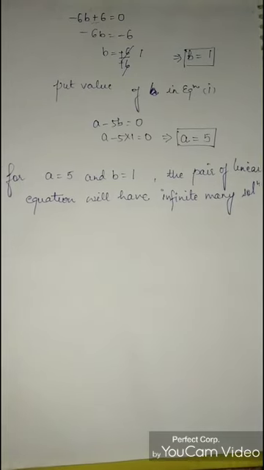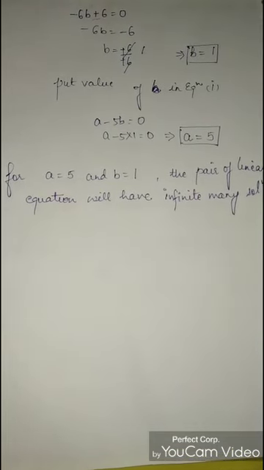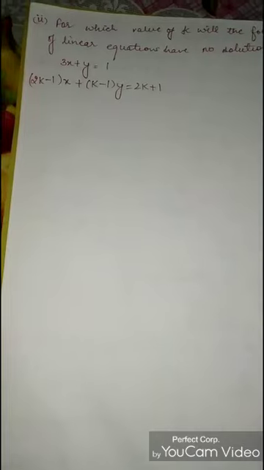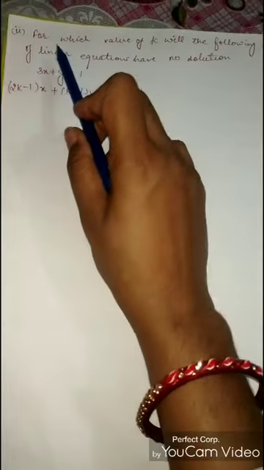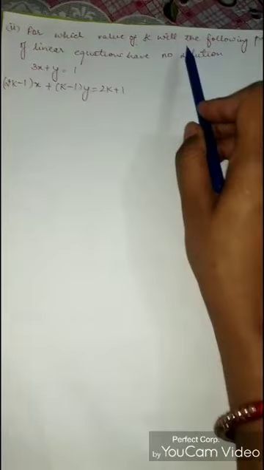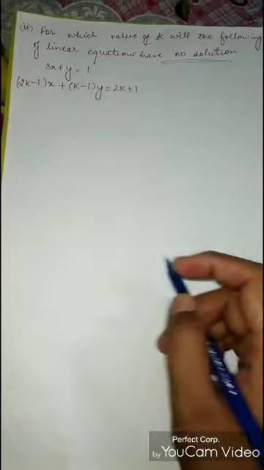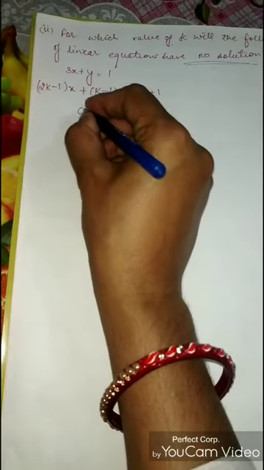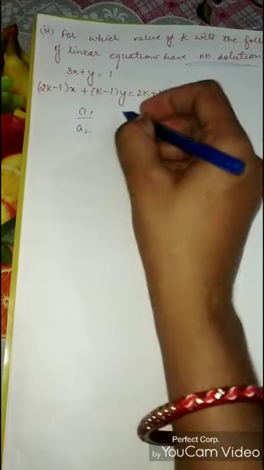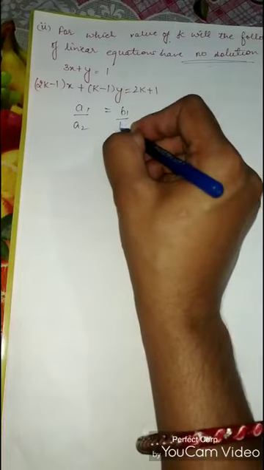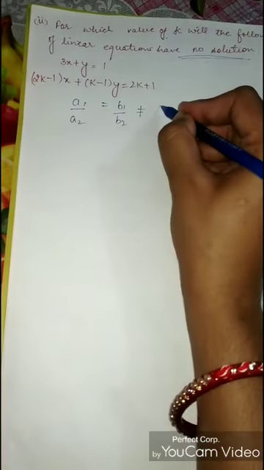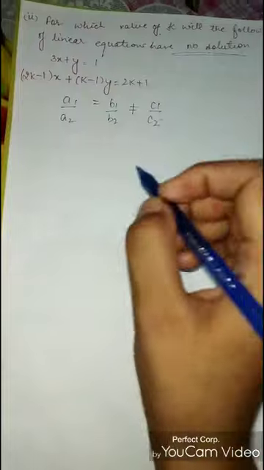Now next question, that is question number 2, second part. For which value of k will the following pair of linear equations have no solution? Now we want no solution. So first write what is the condition for no solution: a1 upon a2 is equal to b1 upon b2 but not equal to c1 upon c2. Now we have to compare these.